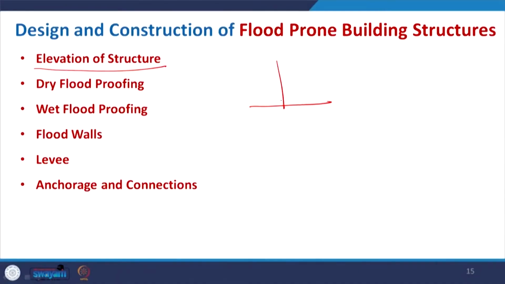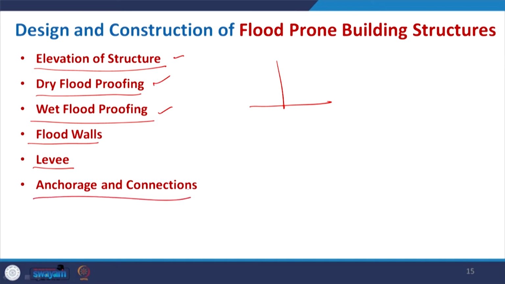This elevation is related to the height of the building corresponding to the surface or the flood level. Then dry flood proofing is one of the techniques. We will be discussing that. Wet flood proofing may be one of the solutions to reduce the risk during the flood. It may be the flood walls that are constructed to protect it to a certain level. It may be the levee that we can create to control it.